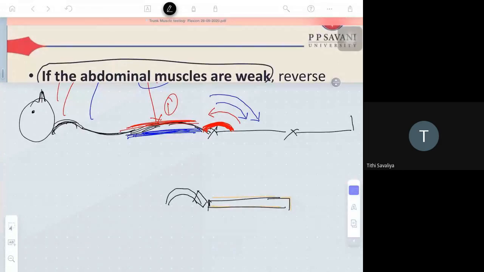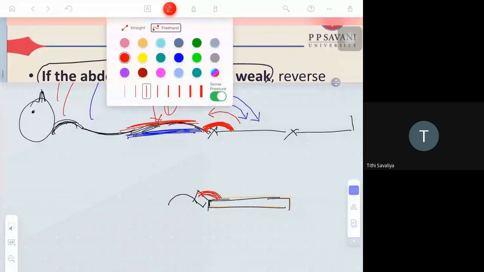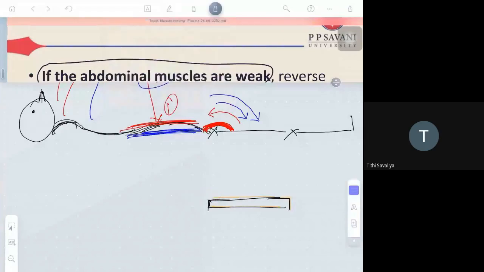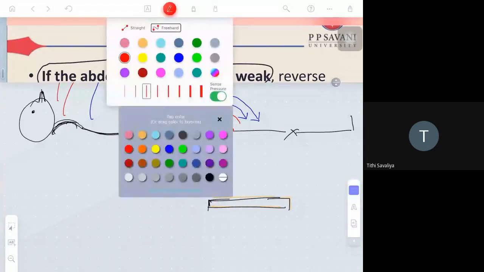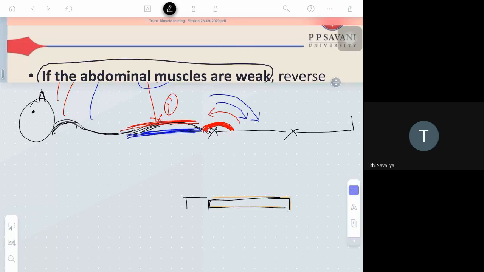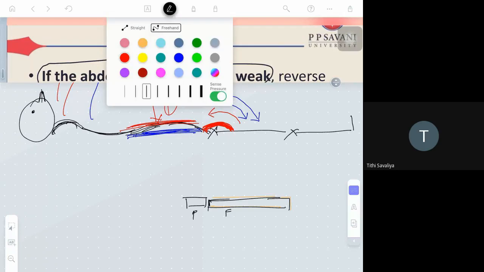Clear? So where are the hip flexors? Here are the hip flexors. Are you clear what I am drawing? This is the pelvis, and this is the femur.